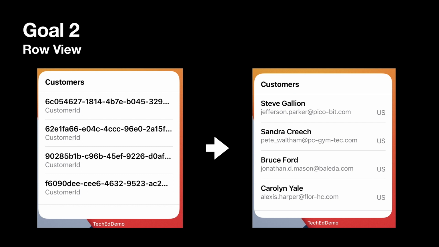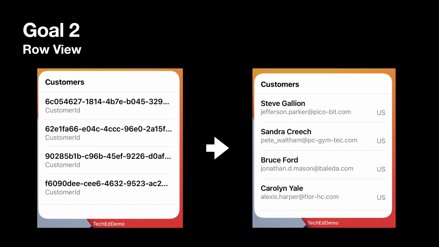My second goal is then in particular to the customer entity set displayed for the enterprise sales procurement model. Instead of showing a technical ID and its label, I want to show the first name and last name, as well as the email address.